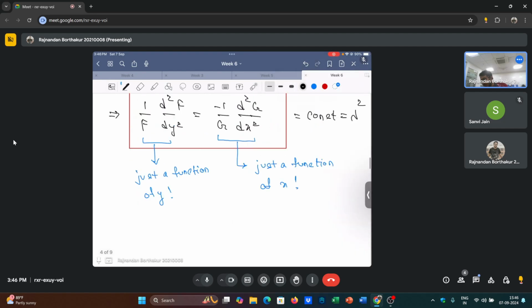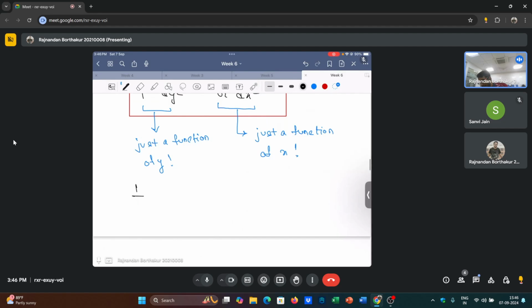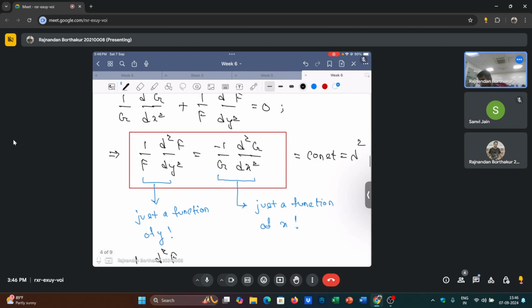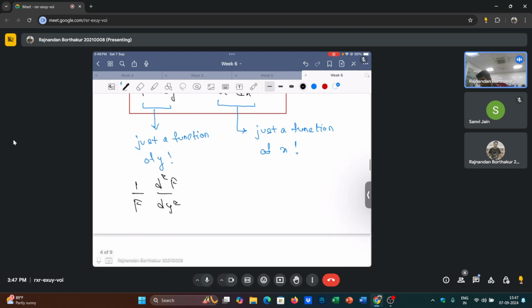So this 1 by f times d2f by dy2 will be equal to lambda square.